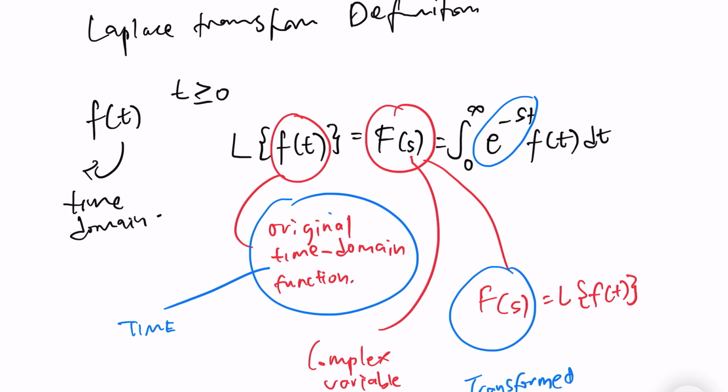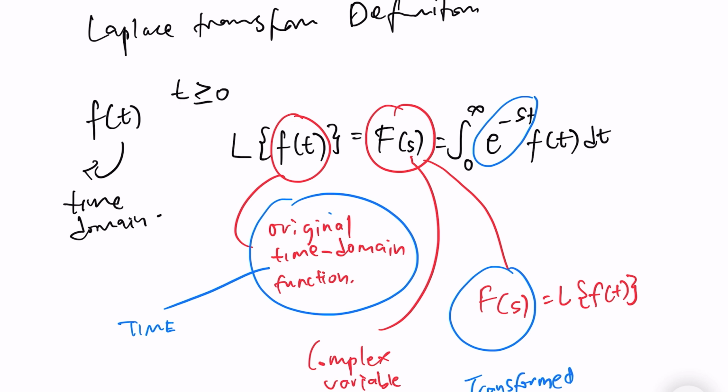So in engineering, we deal with the causal system, meaning that it starts at t equal to 0, and anything that happened before that is ignored. That's why the lower limit of the integral is 0. Maybe like you turn on the machine, the time will start from 0. It will not start from a negative number.